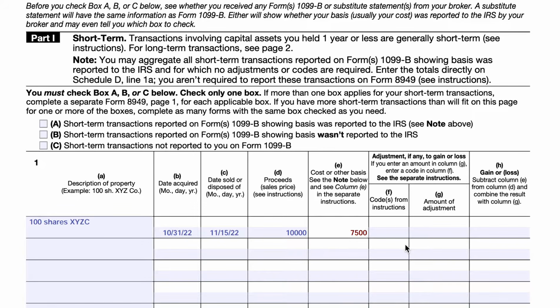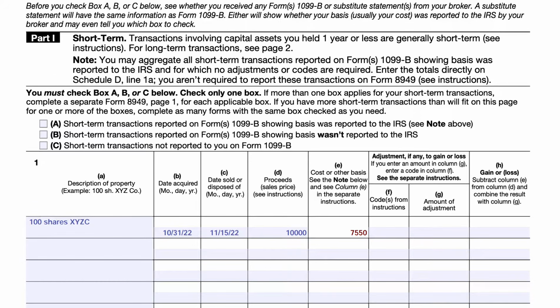And again, the cost or other basis, you can include the cost of commissions into your basis. So if it was a $50 commission, then you could simply use $75.50 as your basis. If this was a gift, then your basis would be the basis of the donor.